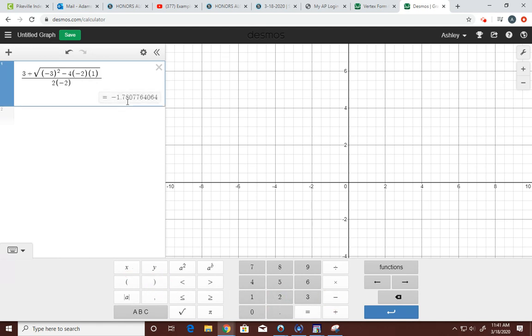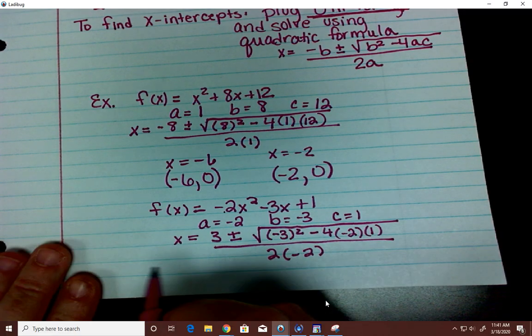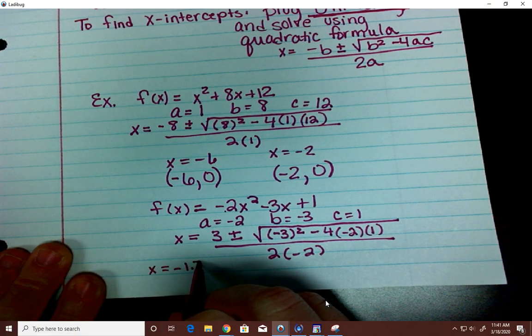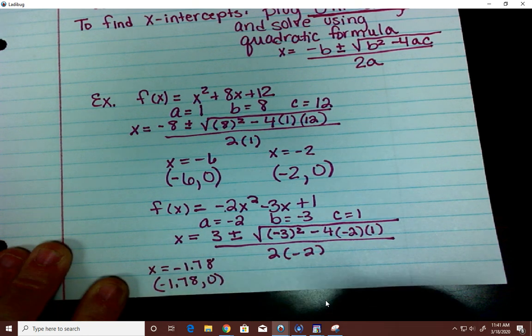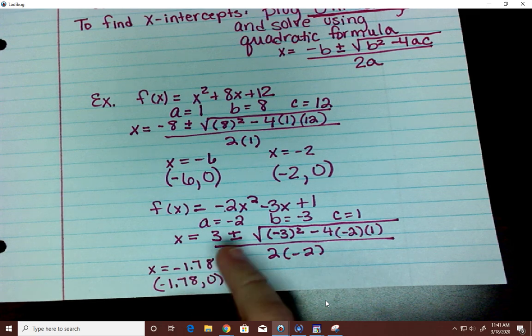Alright, so here we get a decimal, and that's okay. You will get decimals. I'm just going to write it as like -1.78. So as a point, that's (-1.78, 0). Then I'll go back and do my minus.